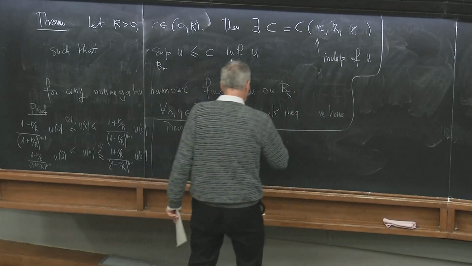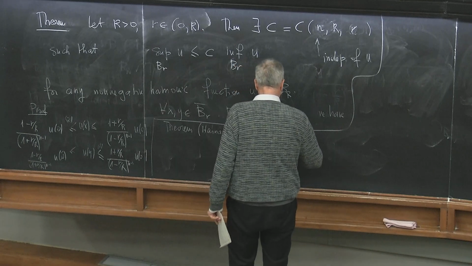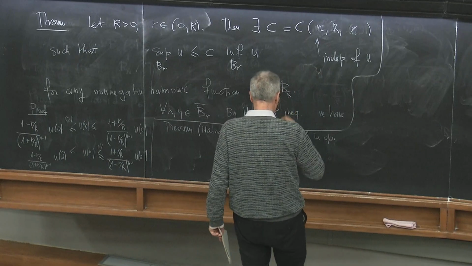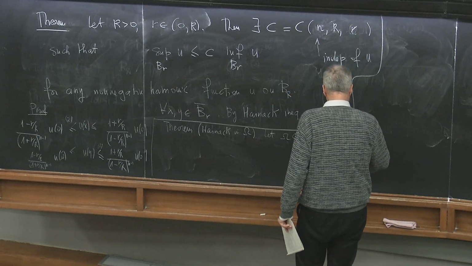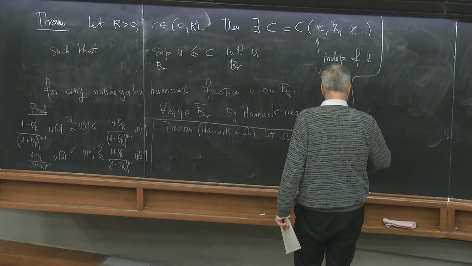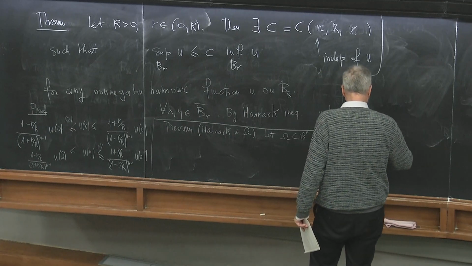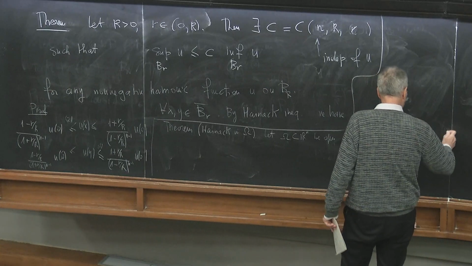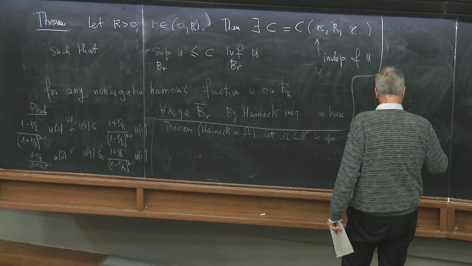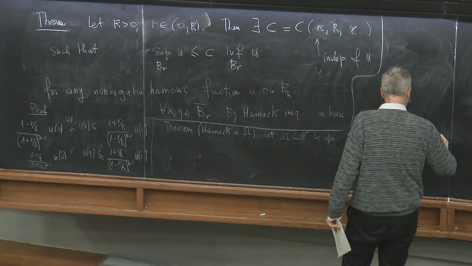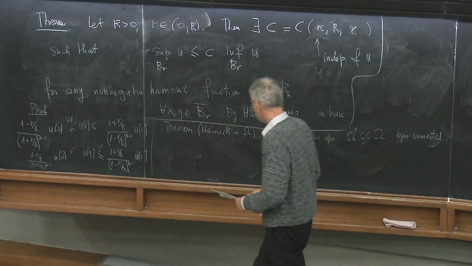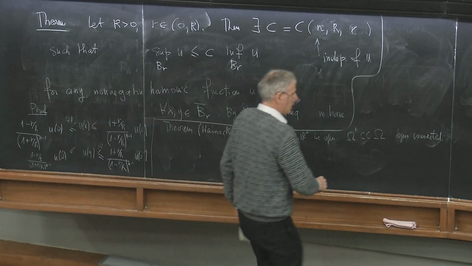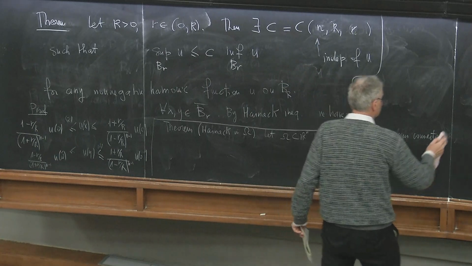So we take omega to be an open set and take a subset omega prime, connected, say, open connected. Then, sorry, I need some space.